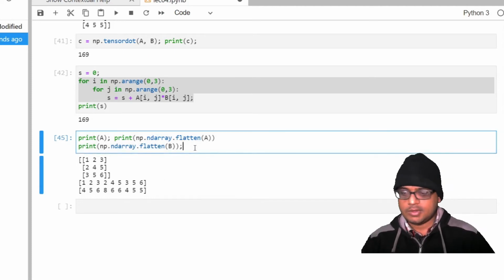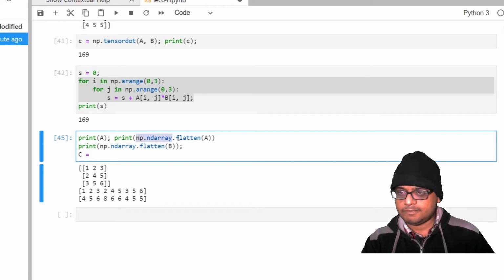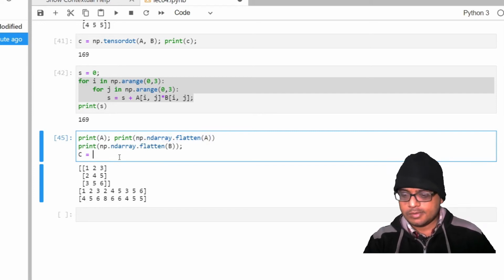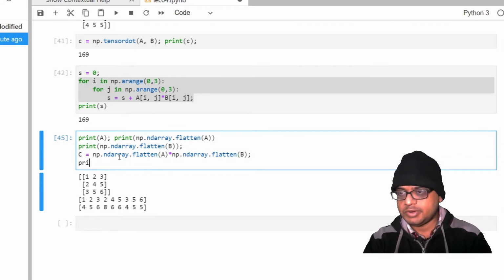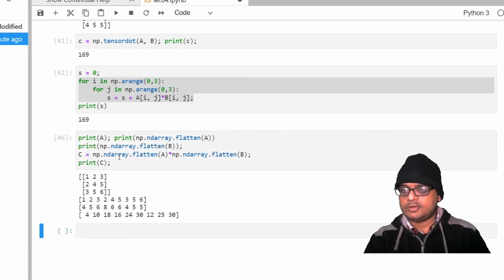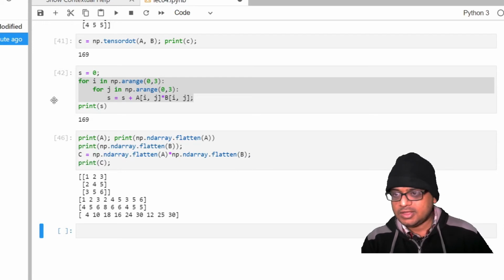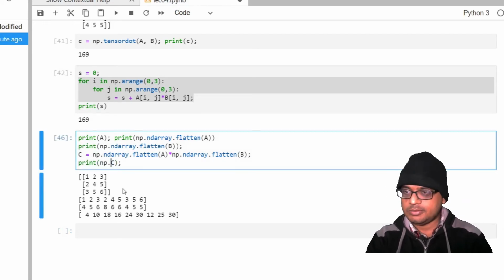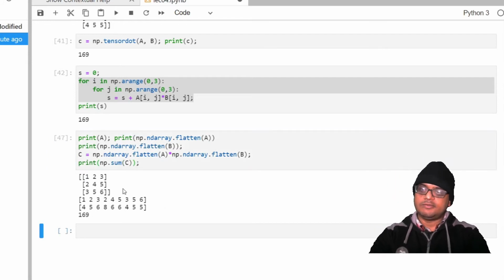So let me just show it. C equal to the product of this times this. Let me in fact print what C is for your benefit. So this is what C is, and now I simply need to sum over all the elements of C. The way I can do that is np dot sum of C, and it does give 169.